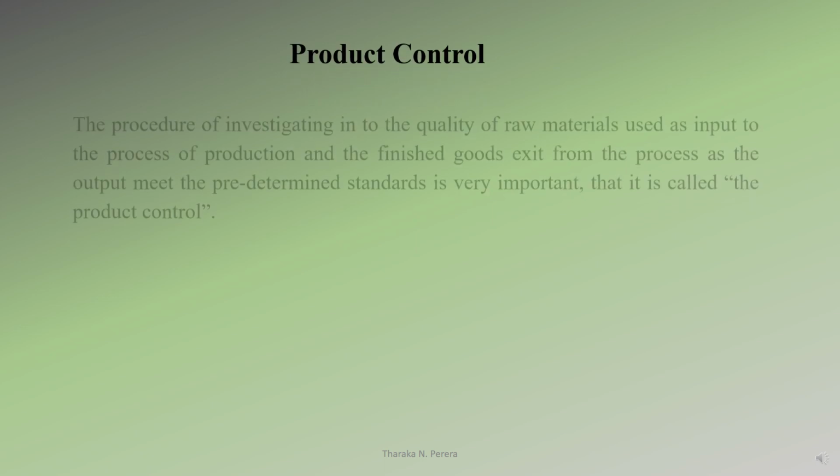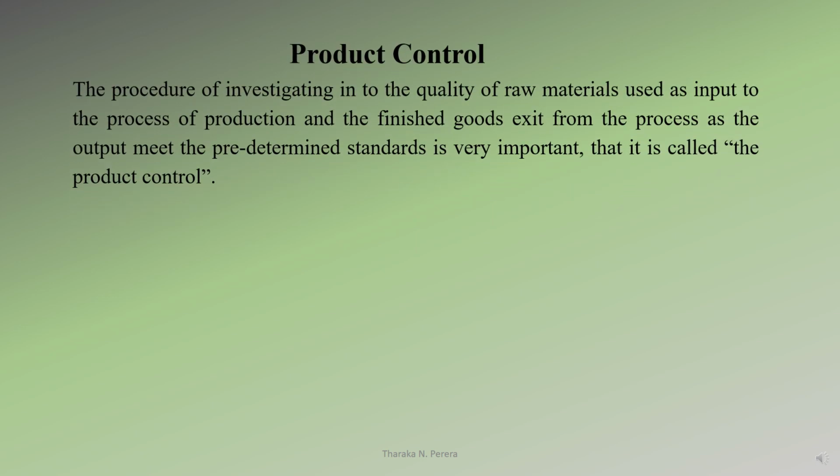And next, what is product control? The procedure of investigating the quality of raw materials used as inputs of the process of production, and of the finished goods exiting the process as output, to check they meet the predetermined standard is very important. That is called product control.